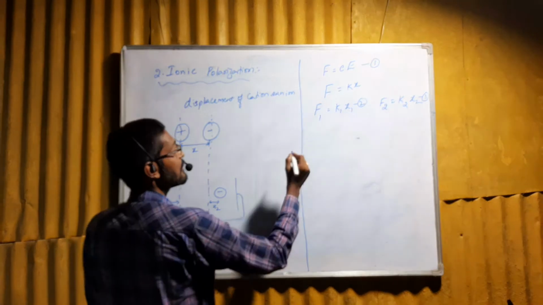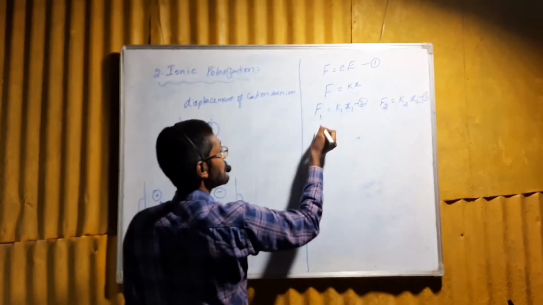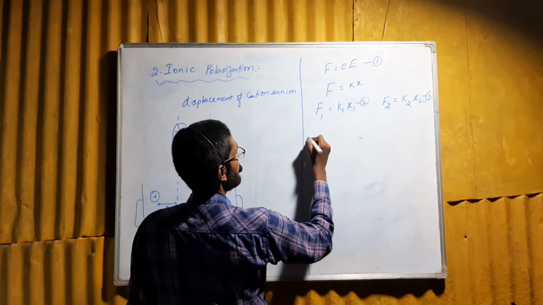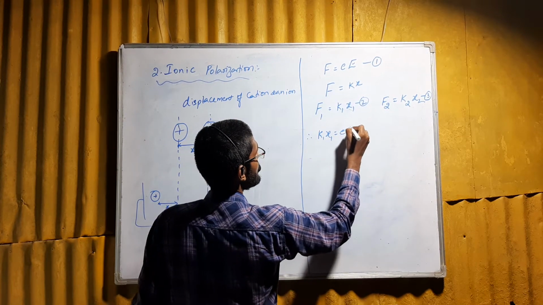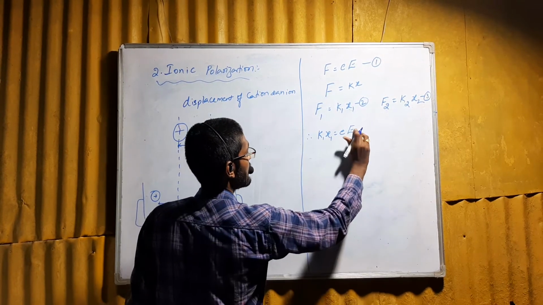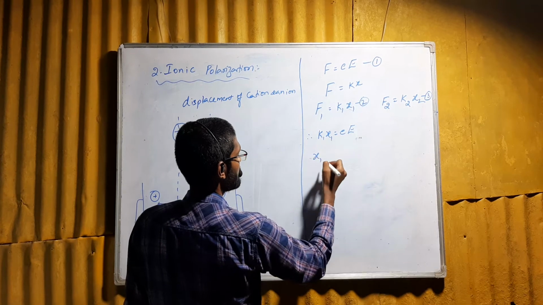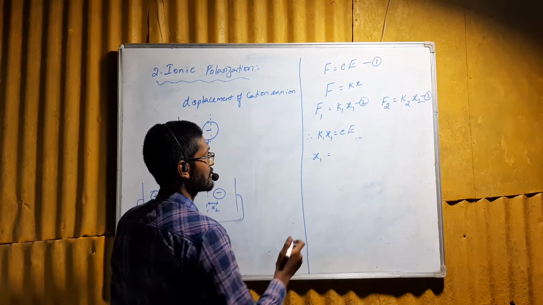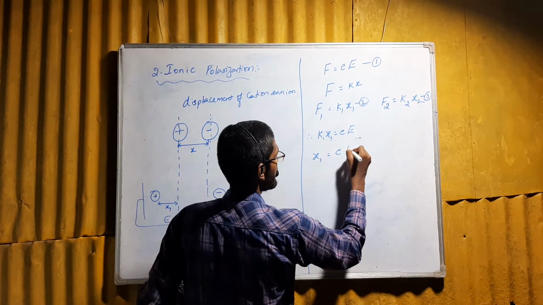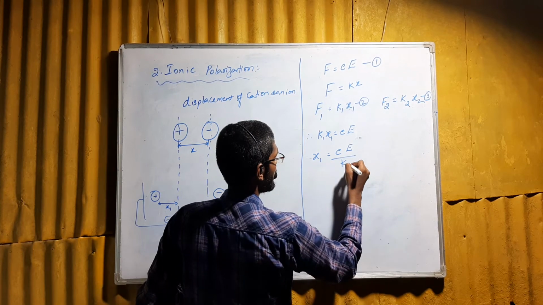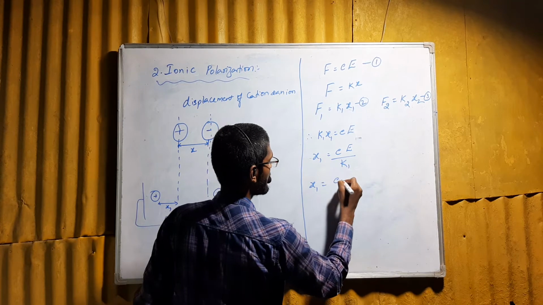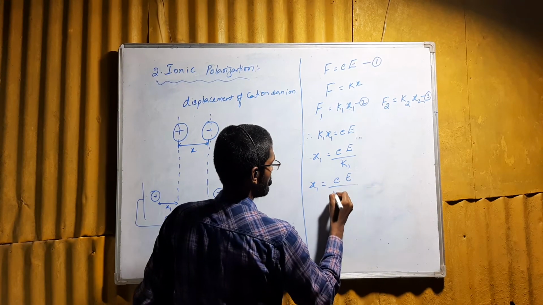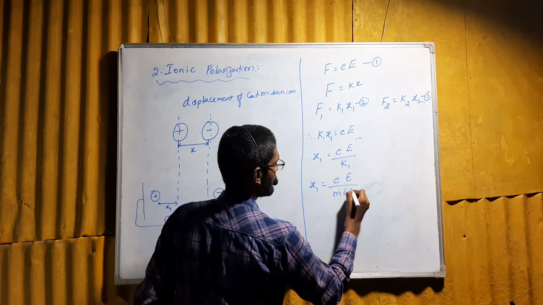Under equilibrium condition, this Lorentz force will be equal to F1. Therefore we have k1 x1 is equal to small e capital E, and the displacement produced in the positive ion can be given as x1 is equal to small e capital E by k1, which is small e capital E by m omega square, where m is the mass of the ion and omega is the angular frequency of the ion.